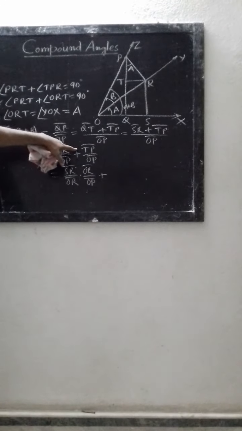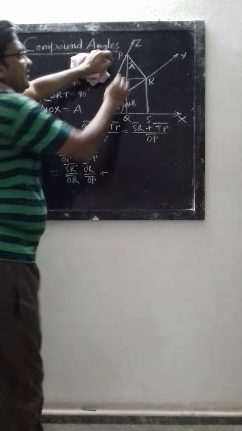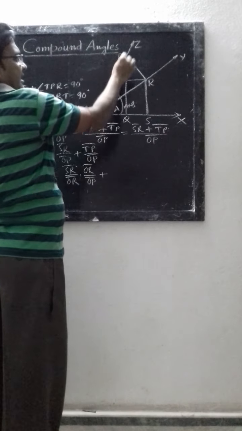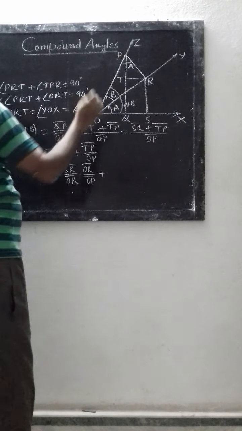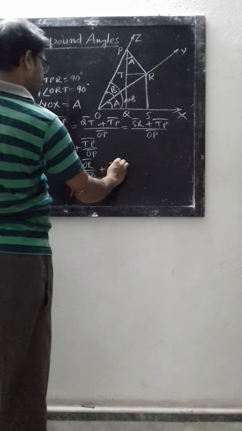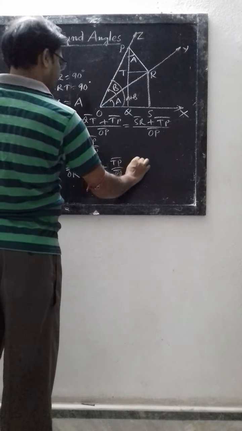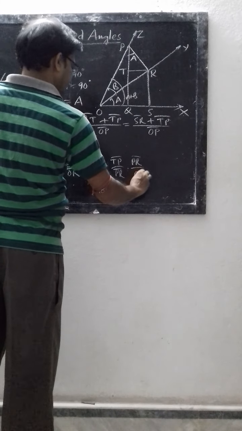Plus, look at the figure, TP is the base of the triangle PTR about A, and PR is the hypotenuse. So in this case, TP by PR into PR by OP.